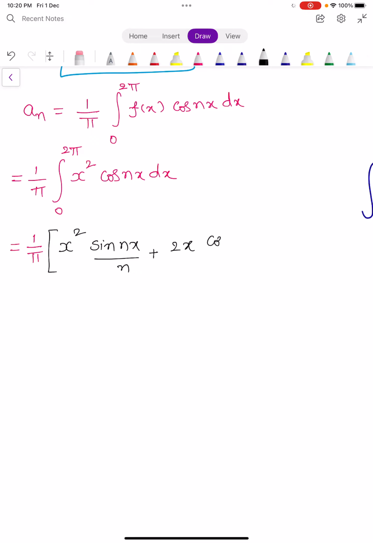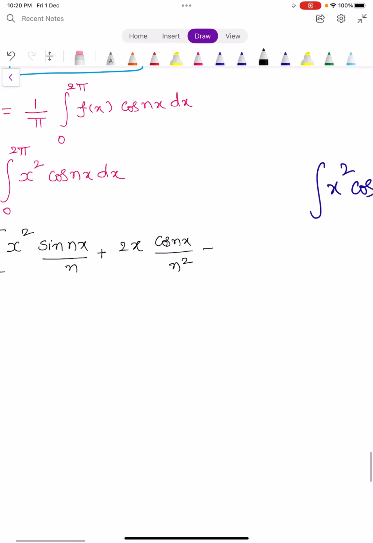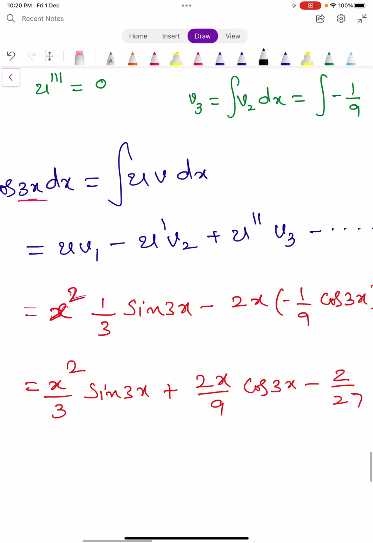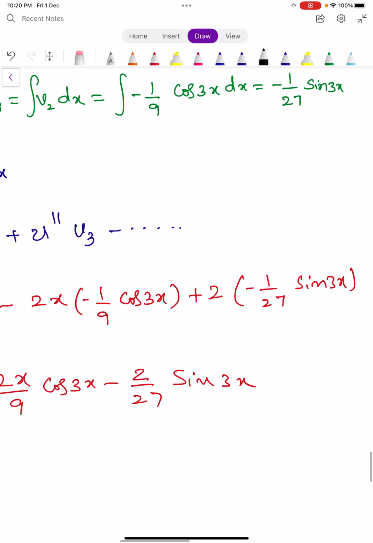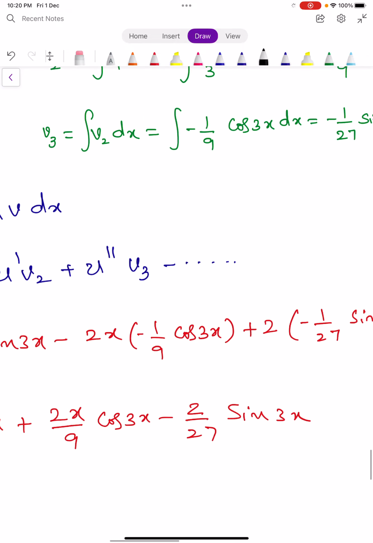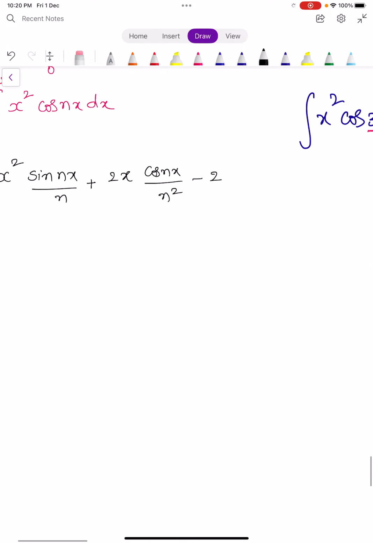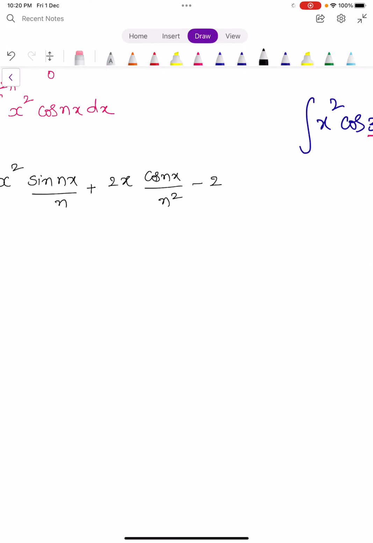So cos nx divided by n square, minus 2. Here also you get minus 2, because we are integrating cos three times. So minus 2 sin nx divided by n cube, and the limits are given by 0 to 2 pi.